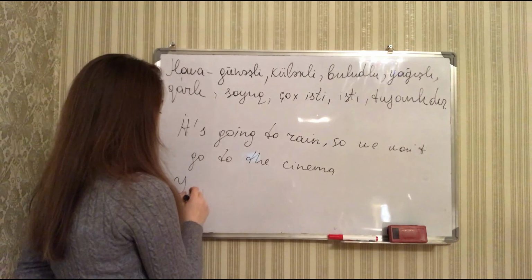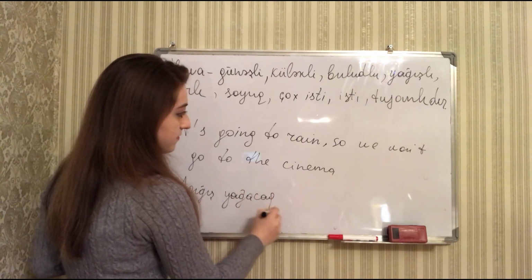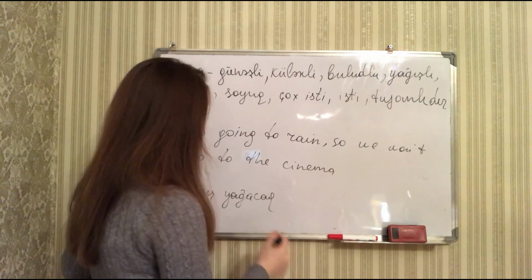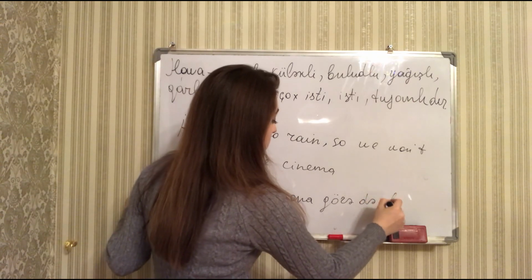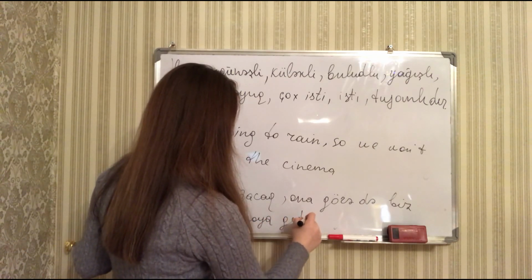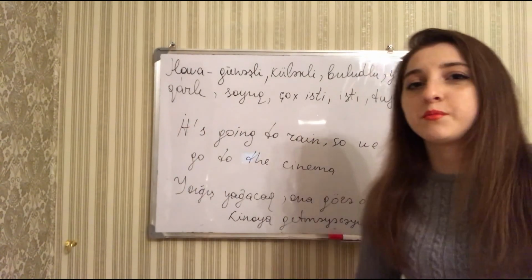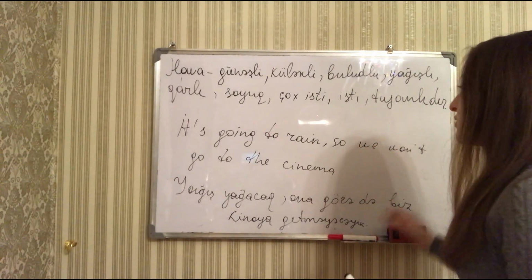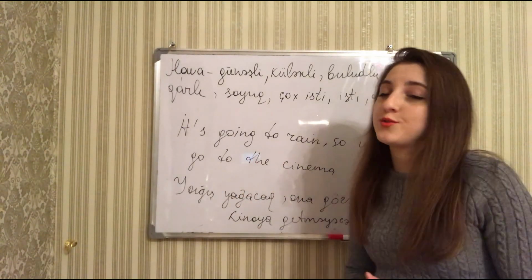Yağışlı. Biz kinoya gitməyəcəyik. It is future tense form. Yağış yağacak. Ona görə də biz kinoya gitməyəcəyik. It is future tense form, but don't worry, we'll talk about it in our next lessons. Okay, it's going to rain, so we won't go to the cinema. Hava yağışlıdır. So yağış yağacak. Ona görə də biz kinoya gitməyəcəyik.